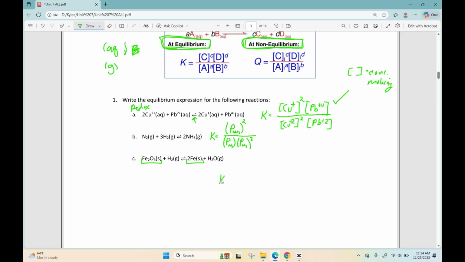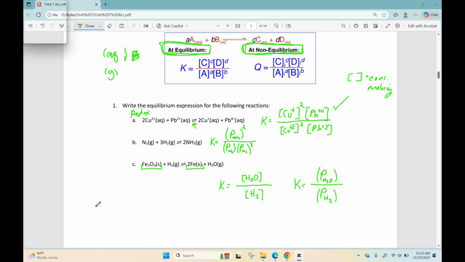So if I was going to write this equilibrium expression, I would omit the iron solid, so it's just going to be H2O, and I'm going to omit the iron oxide. Neither H2O nor H2 has a coefficient, so that is a correctly written equilibrium expression. Also, just to review, since they're in gas phase, you can also write these as pressures, like pressure of H2O over pressure of H2. Neither one has a coefficient, so we don't need to raise them to any power.